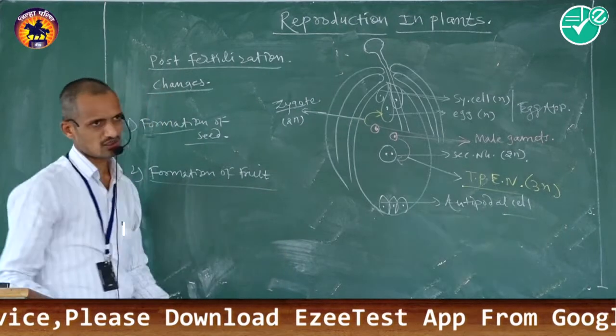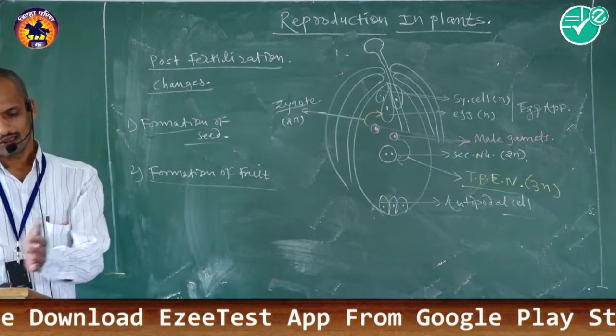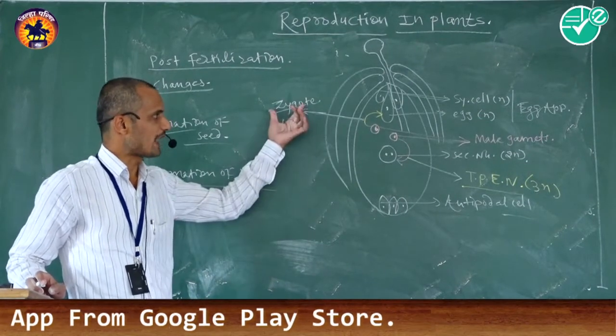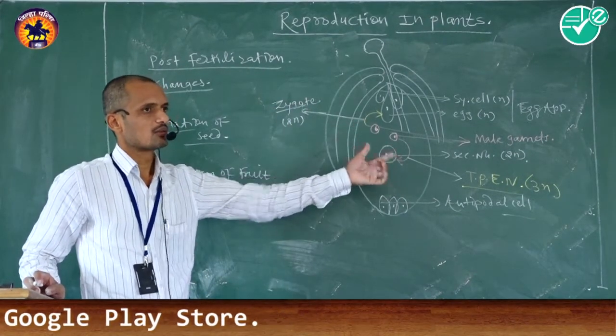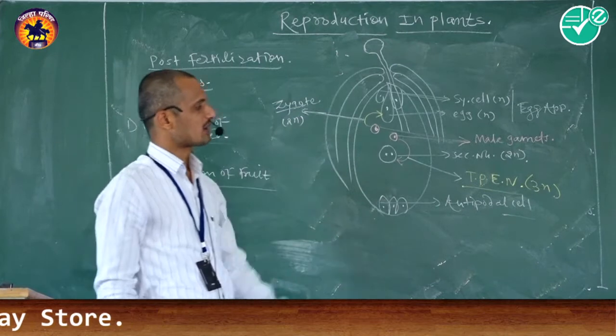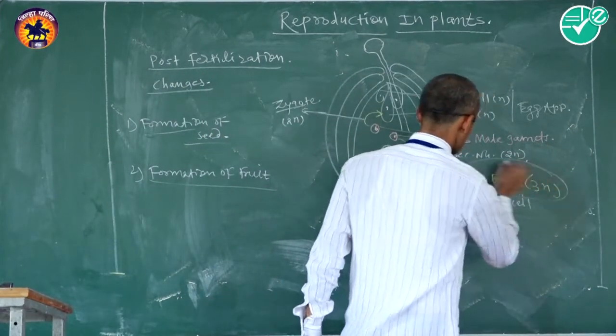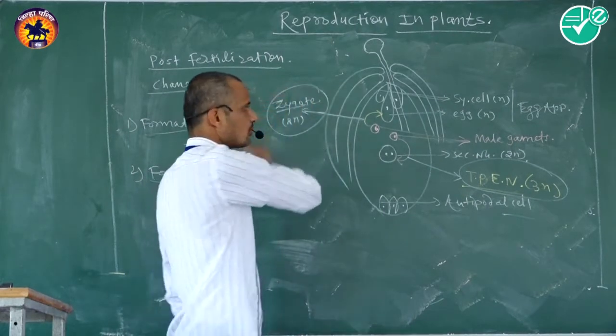After completion of the fertilization phenomenon, the diploid zygote and the triploid primary endosperm nucleus, that is TPN, will form.